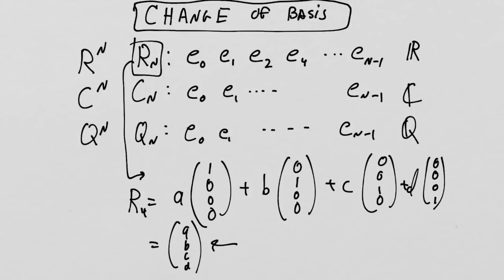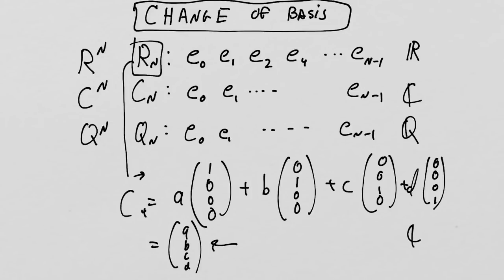So if we did the same thing with the complex numbers, everything is identical except this now becomes C4, and A, B, C, and D are now elements of the complex numbers.